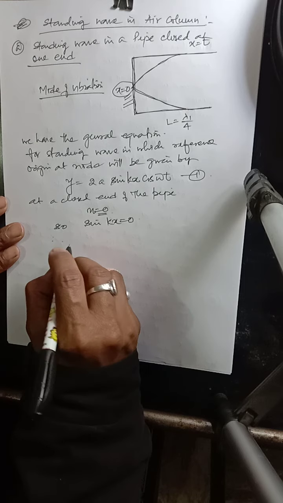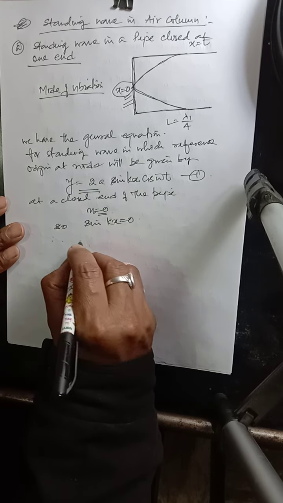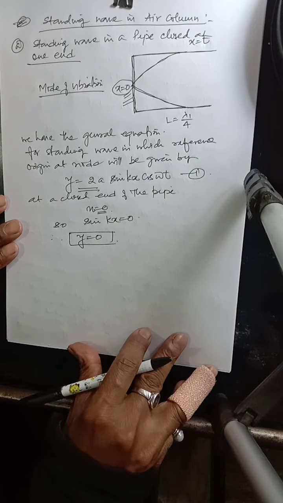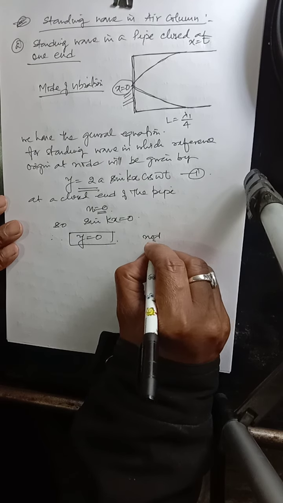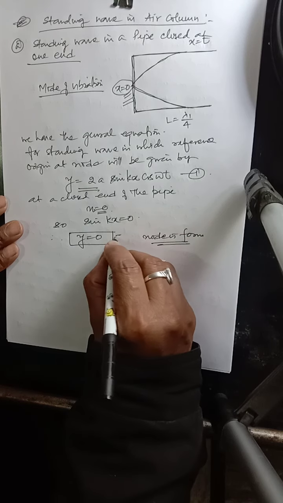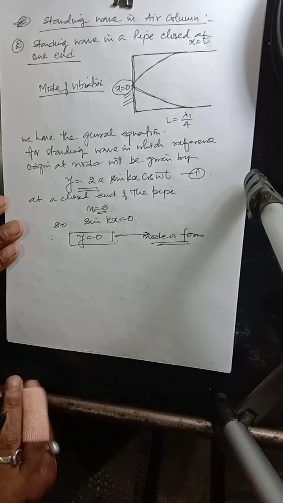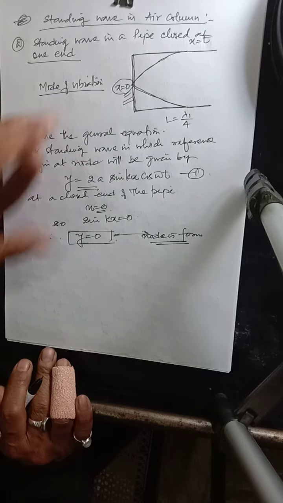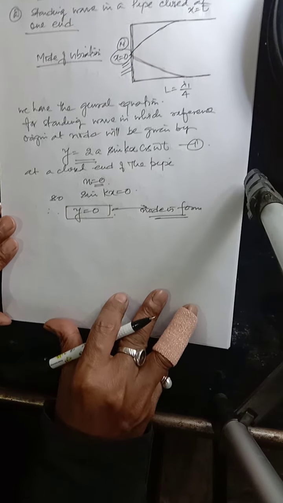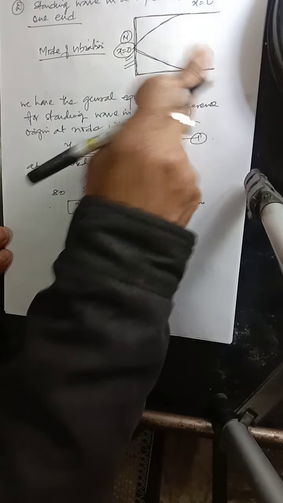So this equation becomes 0. It means a node is formed. When we get this equation, it means at this point the node is formed. This is the closed end, this is the open end.